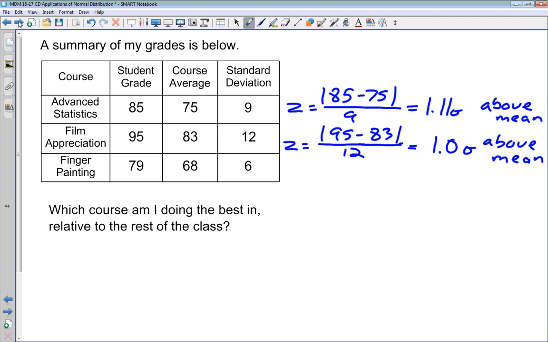My last course, finger painting, my z-score there is going to be 79 minus 68 divided by 6. In that course, I am 1.8 standard deviations above the mean.